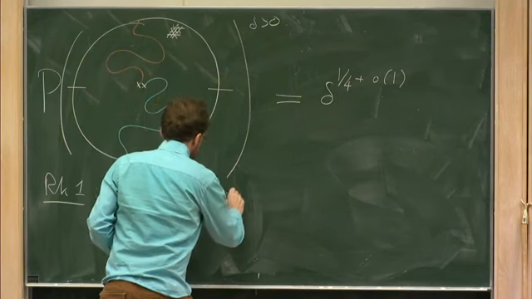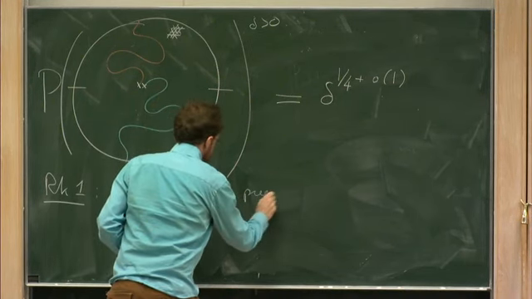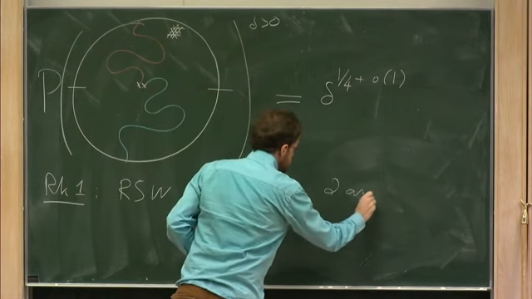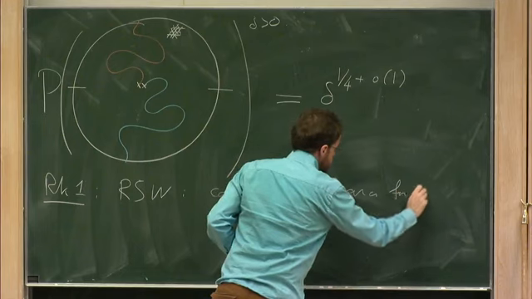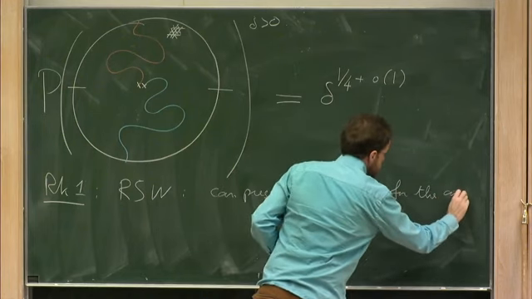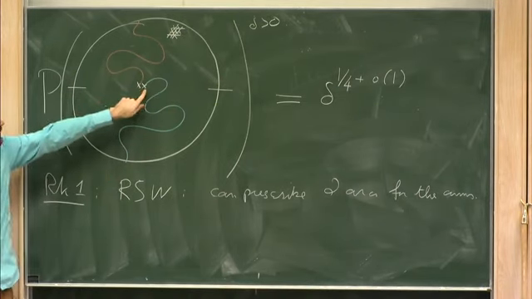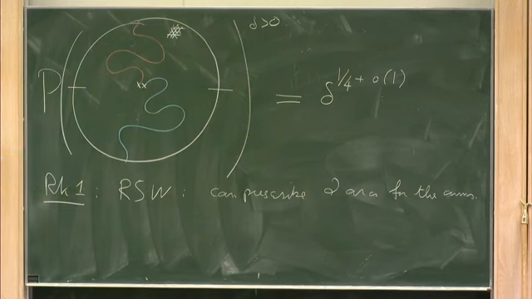So we can prescribe boundary arcs for the arms, in the sense that we can ask that each arm goes in the prescribed deterministic interval on the boundary.